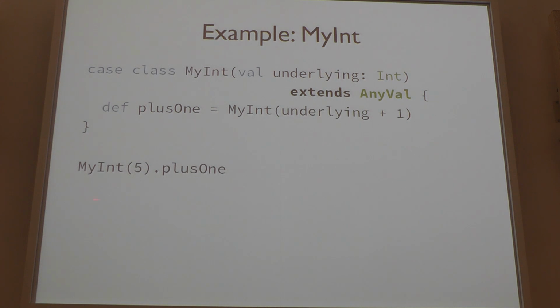You can use it like this, simple. But at runtime, this is compiled into a call of a static method that gets the value of the class from here, and it adds 1 to it. So at runtime, it's only primitives. There are no objects involved.